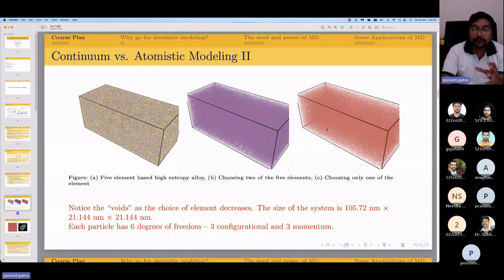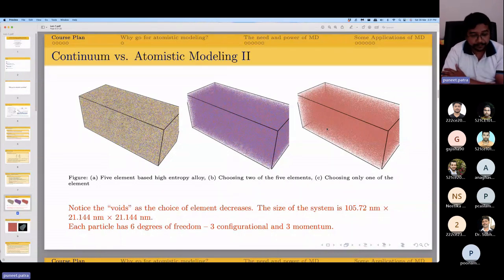Because of the presence of such void spaces, the basic assumption of continuum mechanics, which we just discussed, based on which we were able to define not just the stress field, but also quantities like displacement field, deformation gradient, and so on and so forth, gets kept aside. Because of the presence of these voids, the entire concept of field now gets set aside.